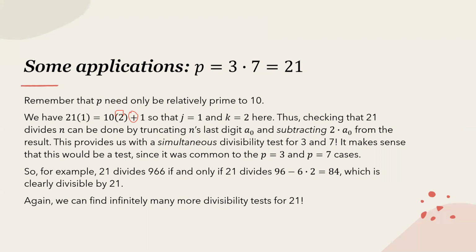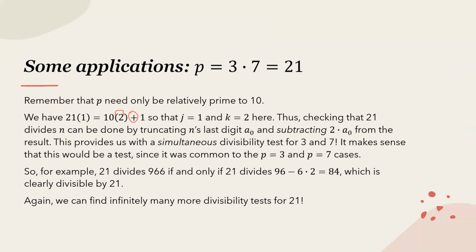Subtract twice the 1's digit, and you have your truncation divisibility test. That's not that surprising, because we just saw that the divisibility test for 3 and the divisibility test for 7 had that one in common. Does that make sense?